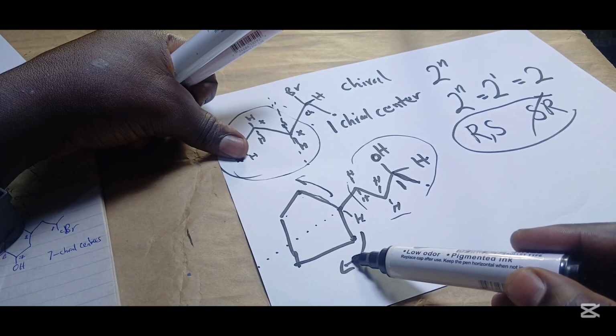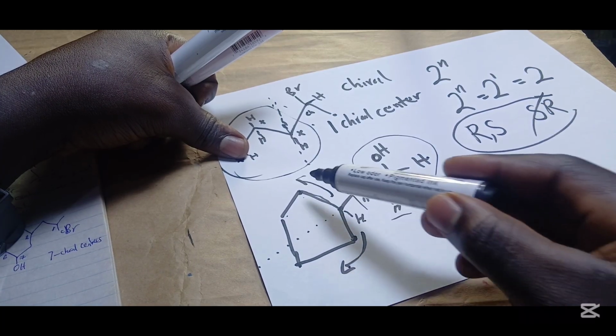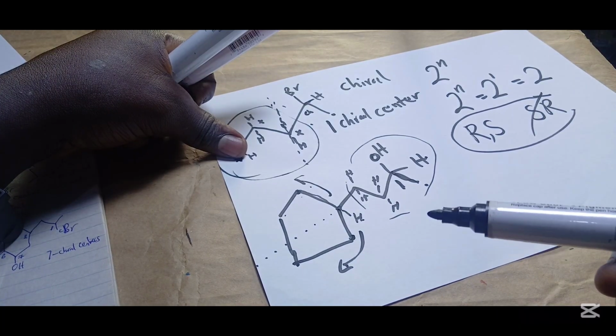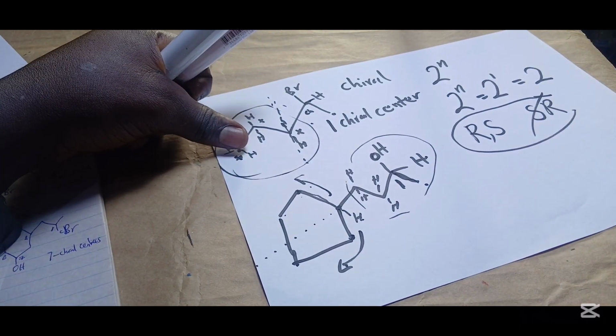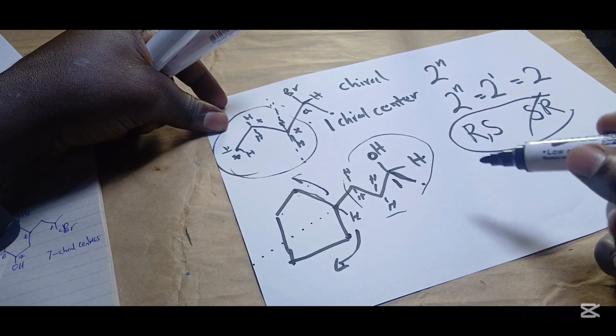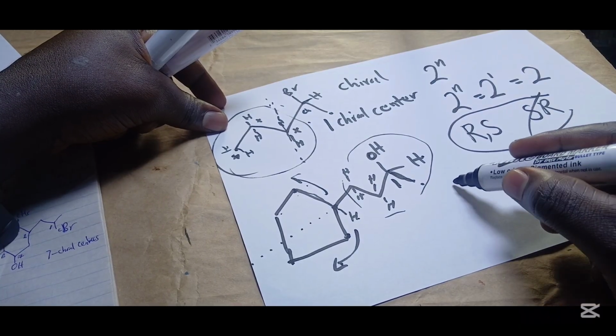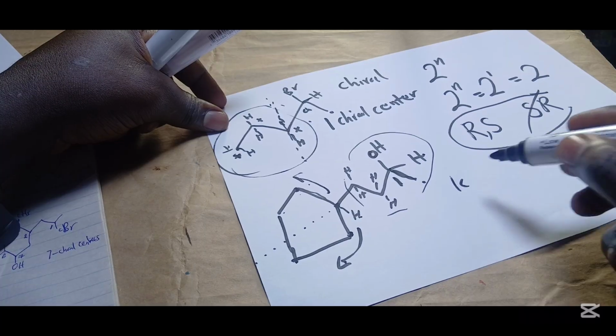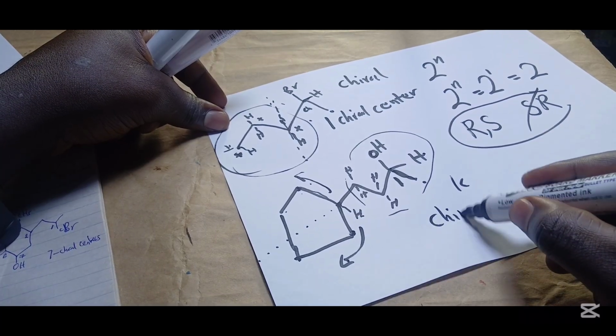So it means this side of the molecule is the same as that side. So this carbon ceases to be chiral, right? So we have only one chiral center in this molecule, making the molecule a chiral molecule.